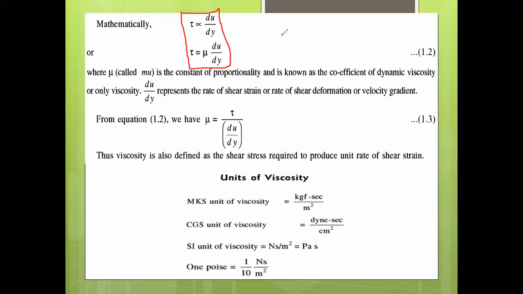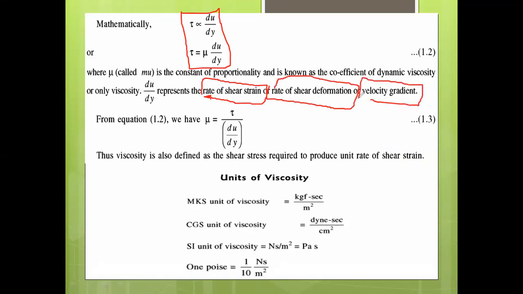Tau is directly proportional to du by dy. This tau is nothing but shear stress, and du by dy is nothing but a rate of shear strain. See here, what is that du by dy? It is the rate of shear strain, or it is also called the rate of shear deformation or velocity gradient.